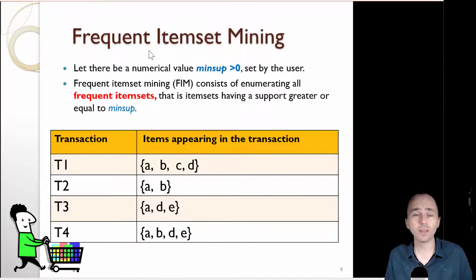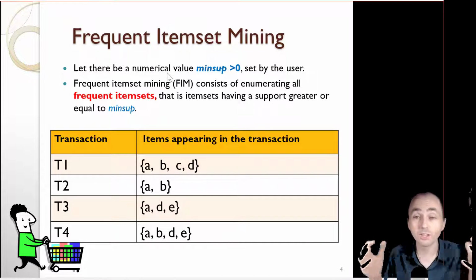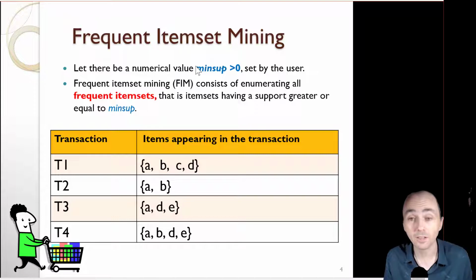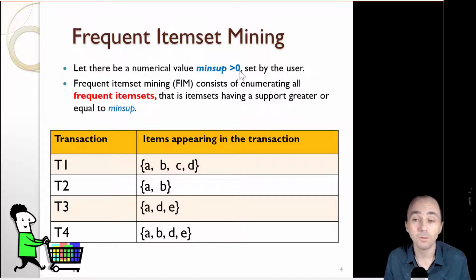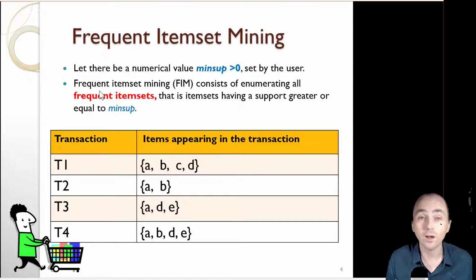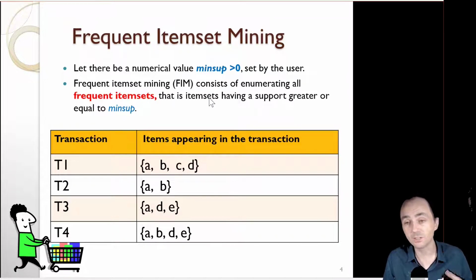Now in frequent itemset mining, we want to find the sets of items, the itemsets, that appear many times. So we need to set a parameter called the minimum support or minsup that must be greater than 0. Then the goal is to find all the frequent itemsets. That means the itemsets that have a support, means appear in the database at least minsup times. Okay.